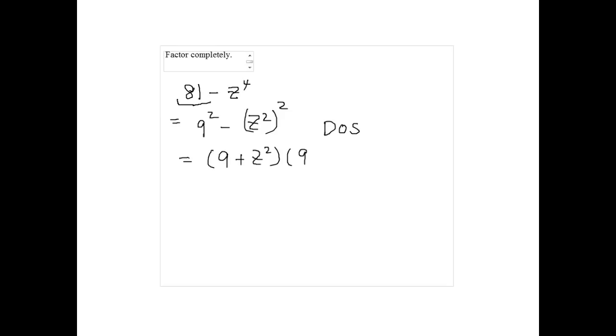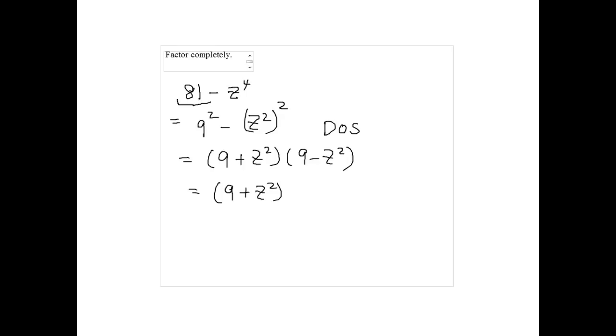Factor completely. 81 minus z to the fourth power. Notice that 81 is 9 squared, and z to the fourth power is z squared squared. So by using the difference of squares, we have 9 plus z squared times 9 minus z squared.